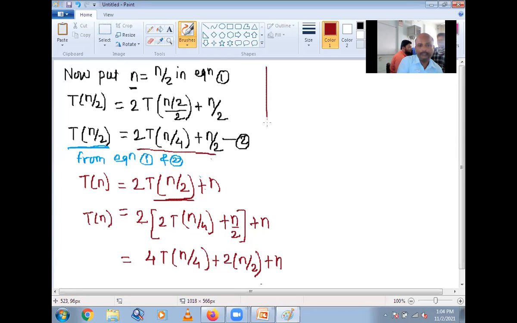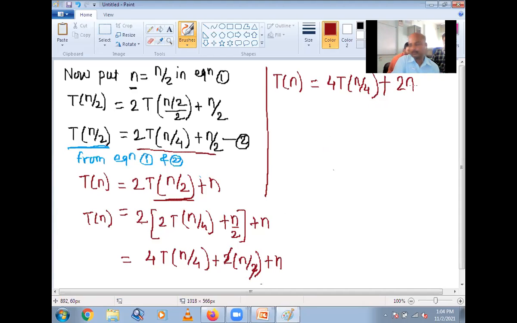So we will get T of n is equal to 4 T of n by 4 plus, these two and these two get cancelled, we get n plus n, 2n. This is equation number 3.